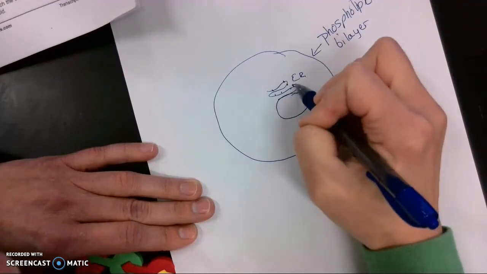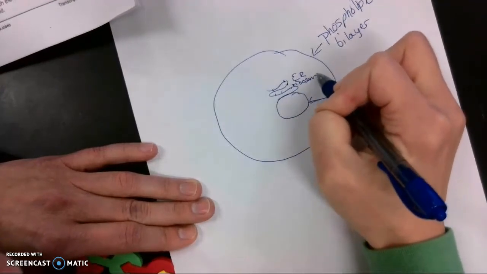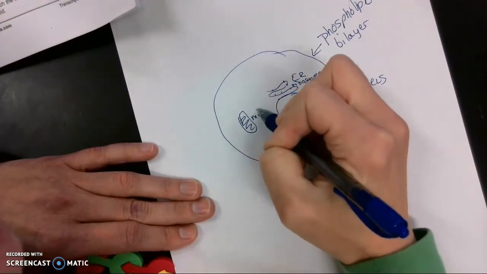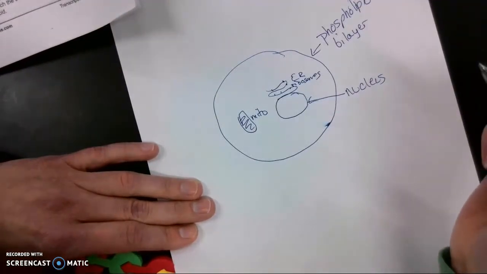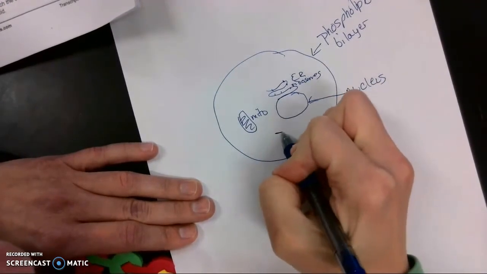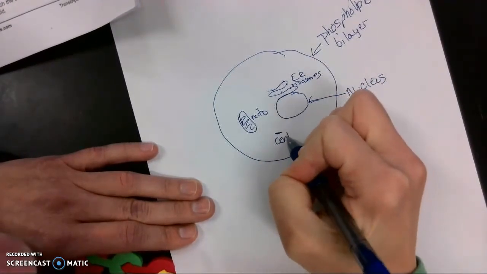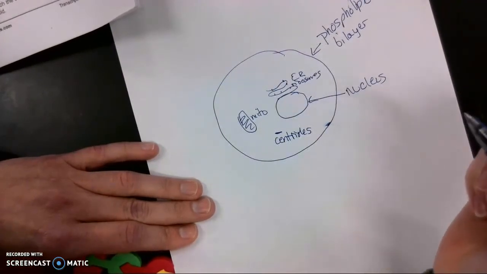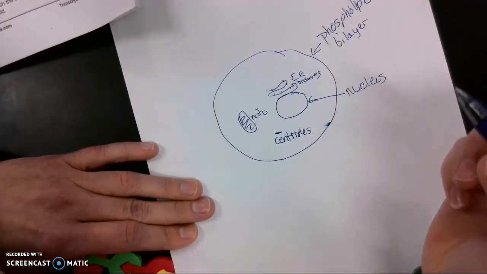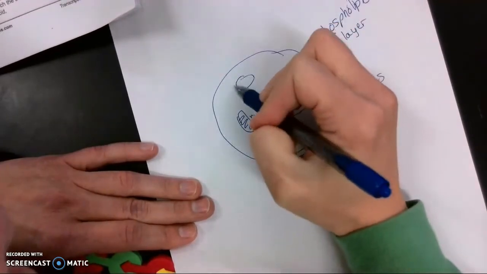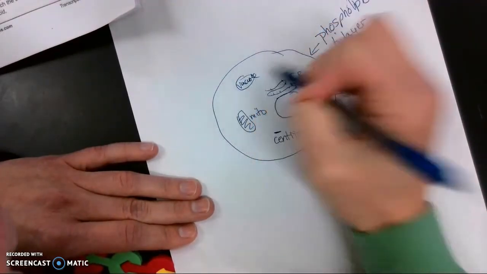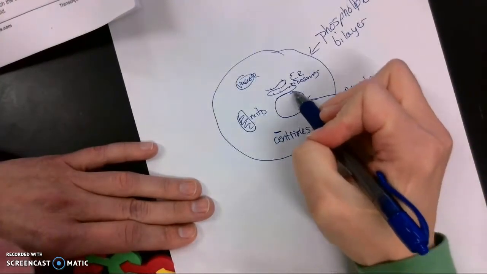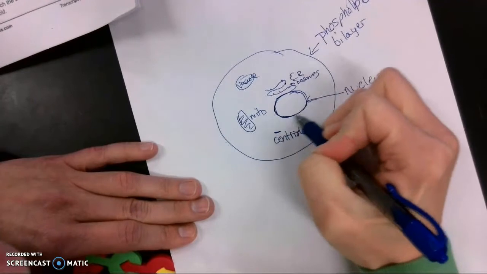Little dots are our ribosomes. We have our mitochondria, which is a powerhouse. Okay. You have your centrioles that we talked about when we did mitosis. Okay. You might have a vacuole. Okay, all of that stuff, but we're focusing right here inside our nucleus.